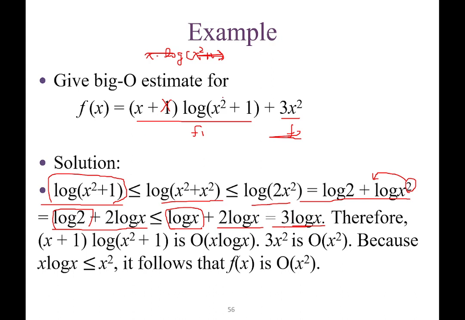Once we know this one is log x, combining with the previous term x, we have x log x. The second term f2 is x squared, and x squared is larger than x times log x. So in this case, we can determine the big O of the function is big O of x squared.